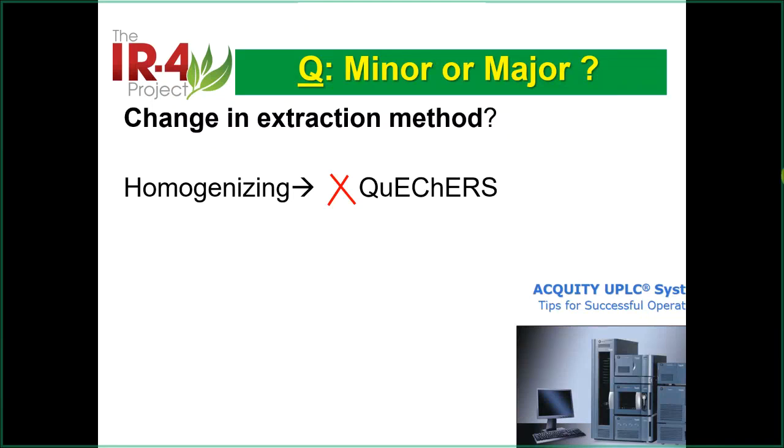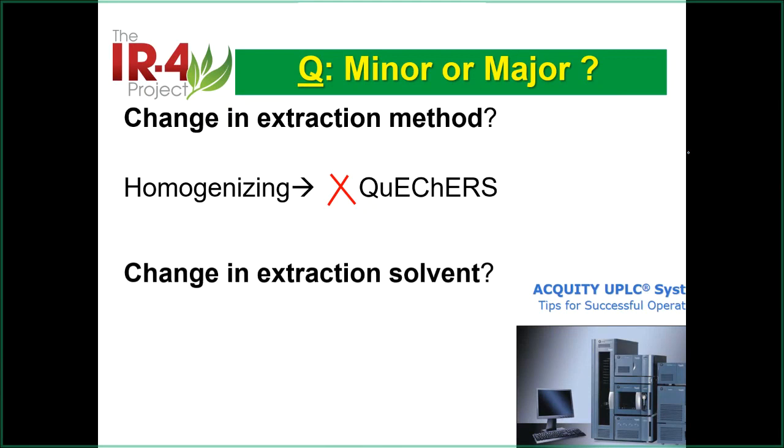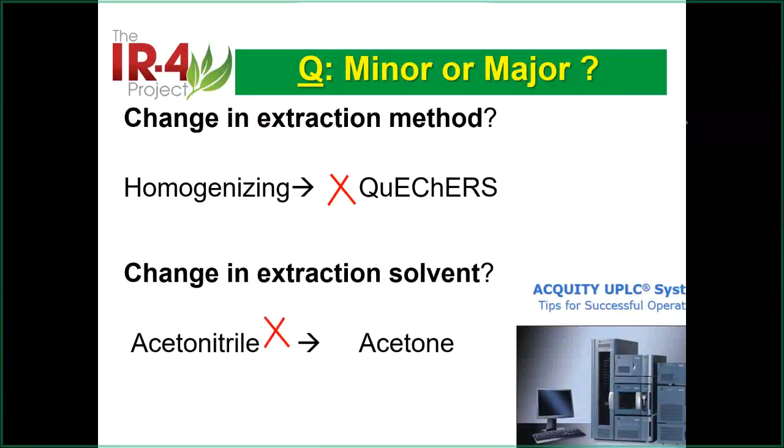Okay, so we know that this is a big no-no for this change. How about if we change the solvent? For example, if we change from acetonitrile to acetone or hexane. Oh, I already gave you the answer.